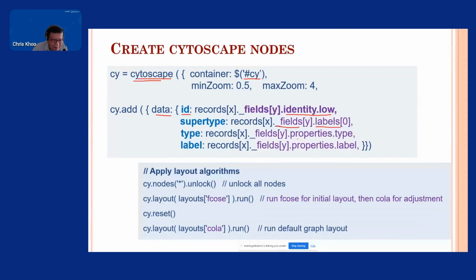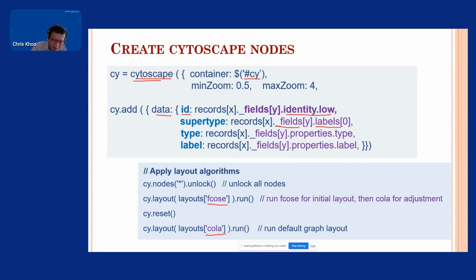Then after adding all this to Cytoscape, I have to render it. So I use these layout algorithms. I indicated earlier that my favorite algorithm was this force caller. I execute it here. But I found that it's useful to apply force cause first, and after that to apply force caller.